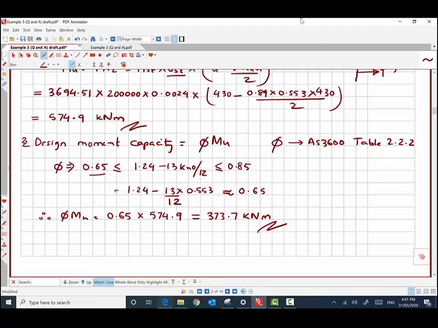Now we know that in the question it is given that the load on the beam, M star, is 320 kilonewton meter. So the total external moment acting on the beam is 320.